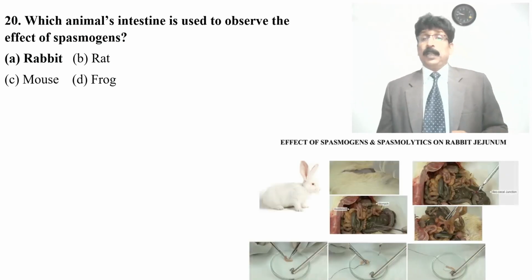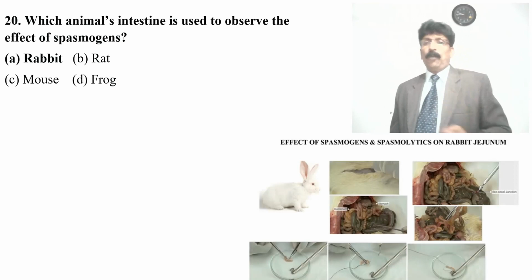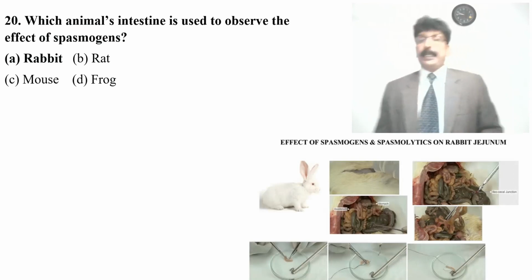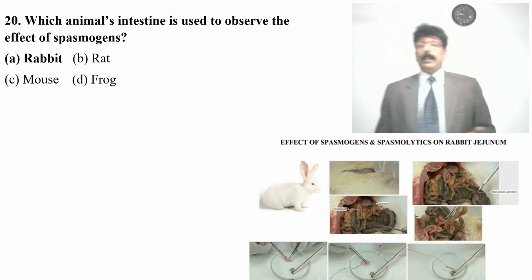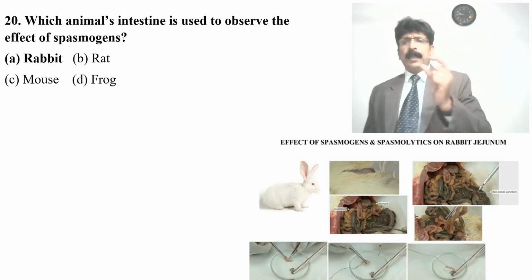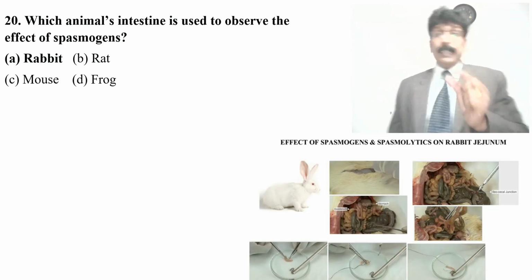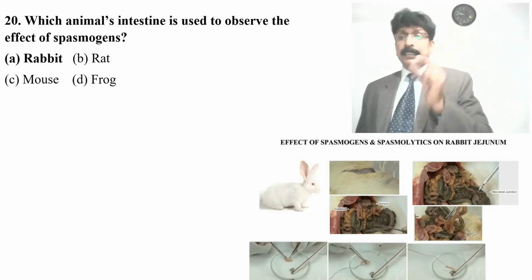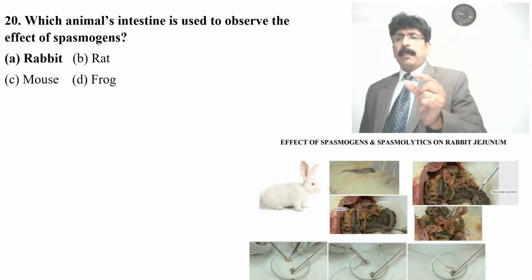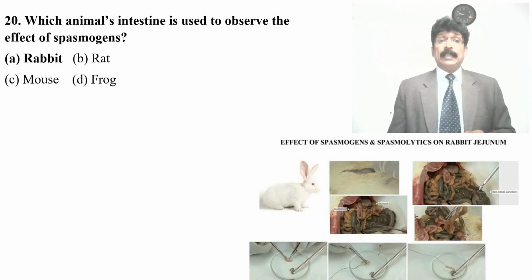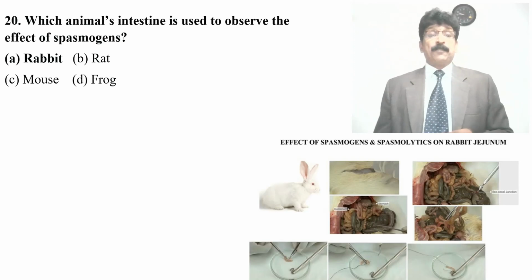For the effect of spasmogen and spasmolytic, the rabbit jejunum, which lies near the small intestine and the large intestine, has to be isolated, and it can be used for testing spasmogens.